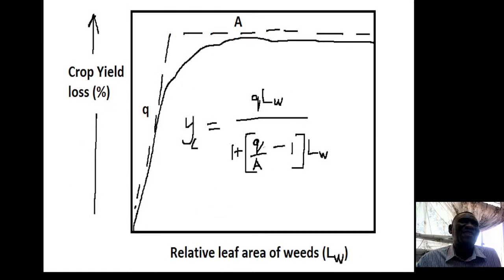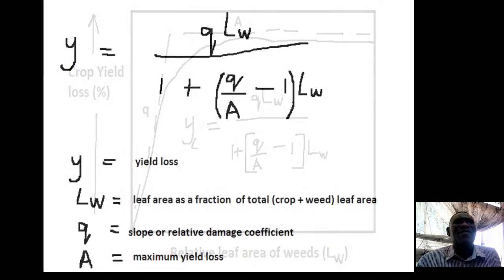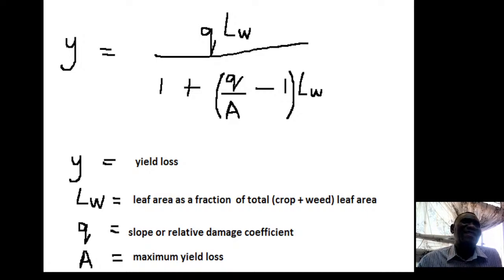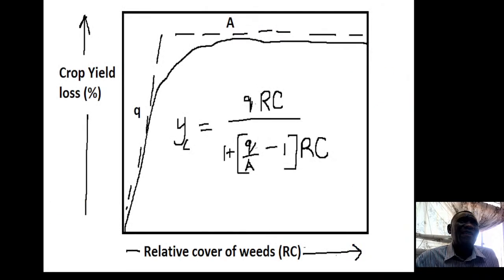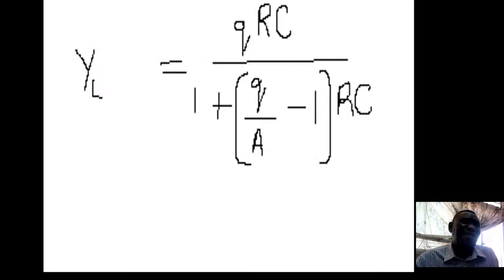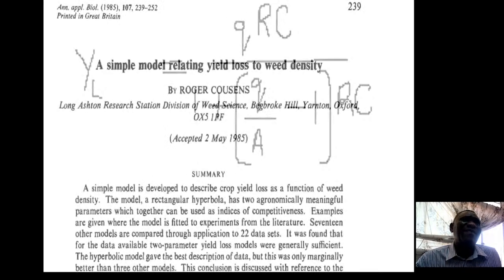I will not go through it. And you get this sort of graph and that equation. As I have explained this, I have also explained this equation. With the relative cover, students find the approach to be easier when they compare the three methods. Again, the same equation, which I have explained in detail.